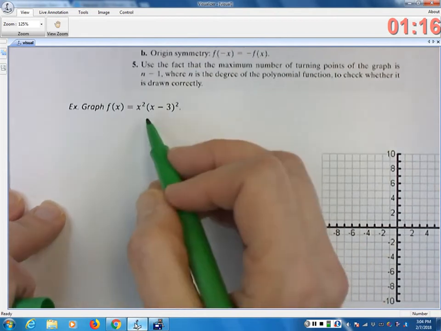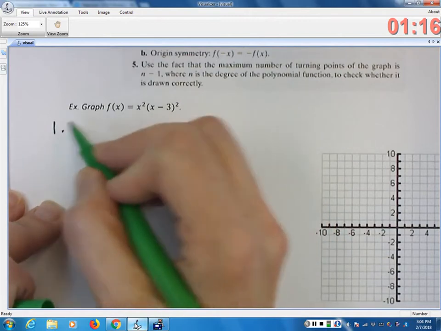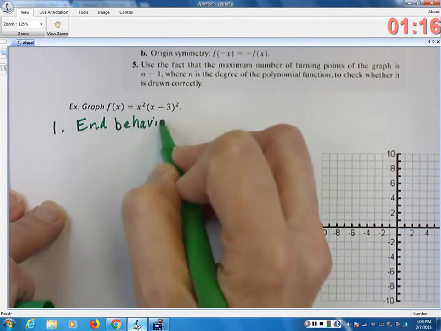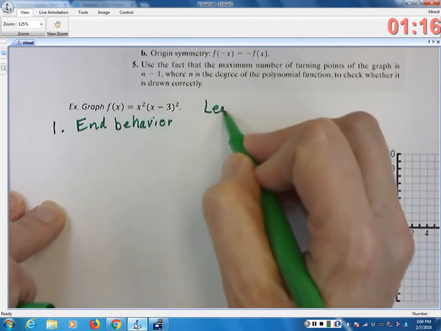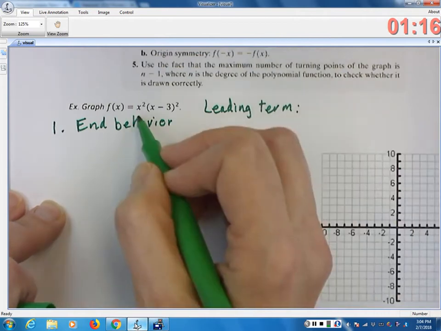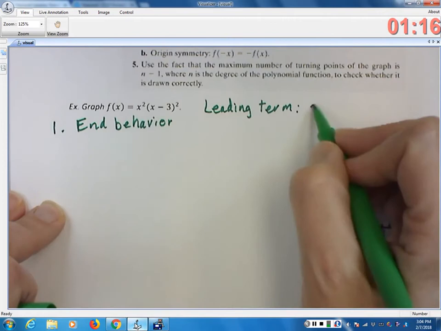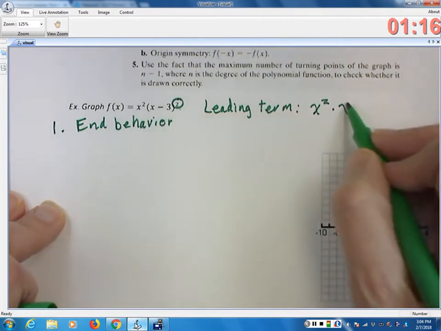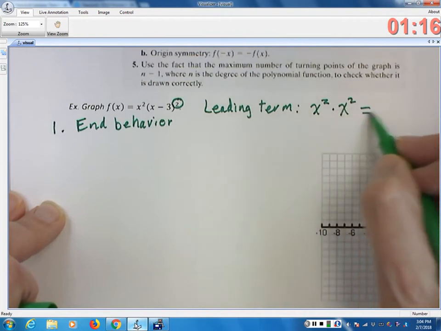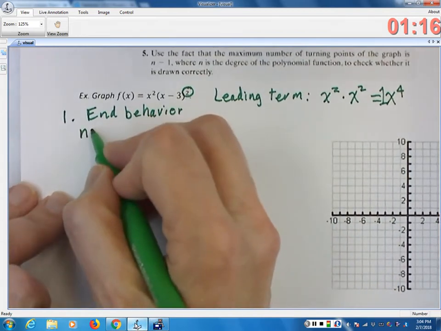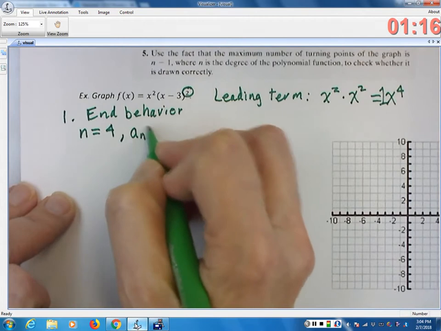So we want to do the end behavior first. Let's find the leading term. There's an x squared, and then there's x minus 3 squared. So the leading term will be x squared times x squared, or x to the 4th. There's a 1 there. So for the end behavior, the degree n is 4, and a sub n, our 1, is greater than 0.